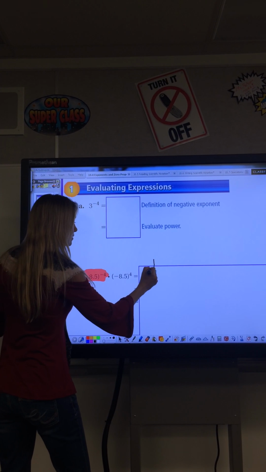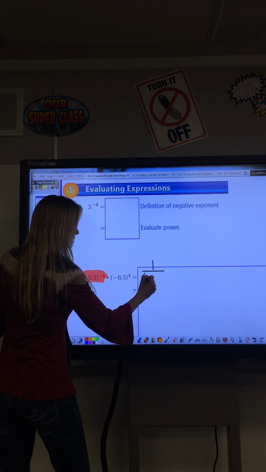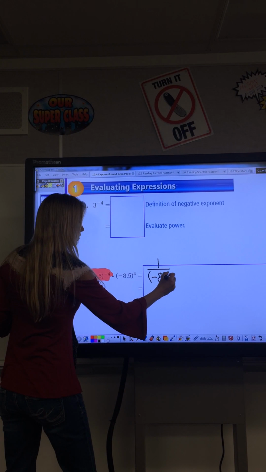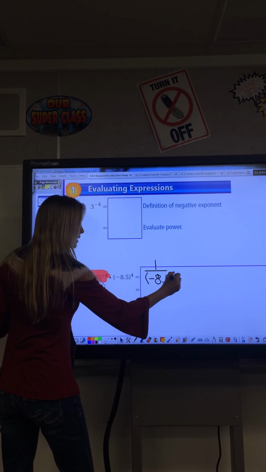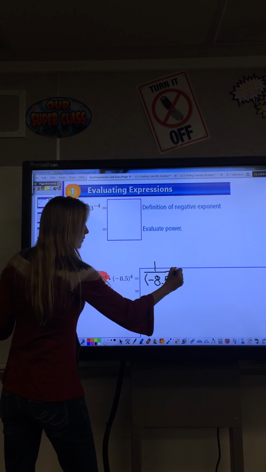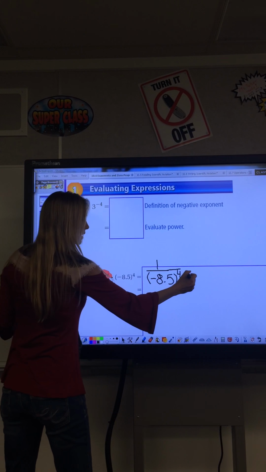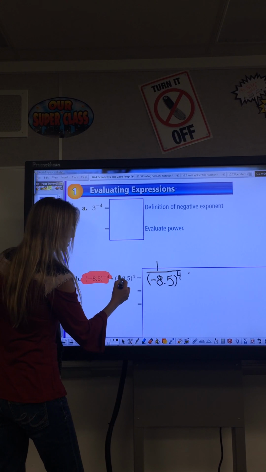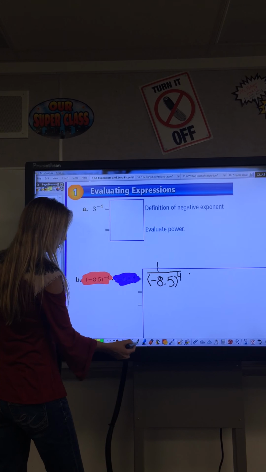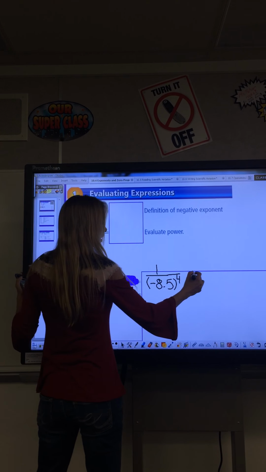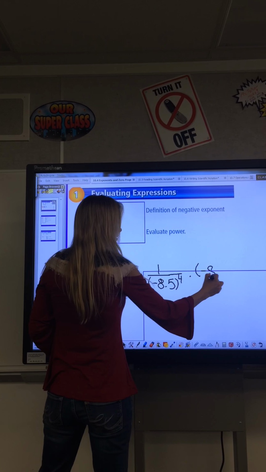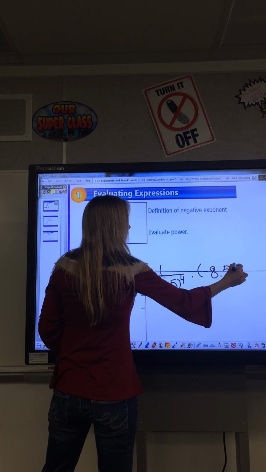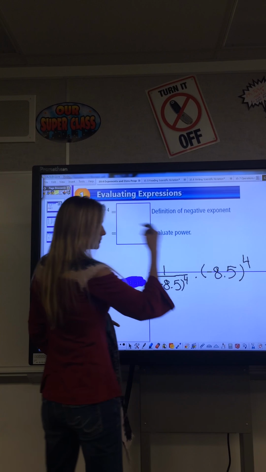So I have 1 over, in parentheses, negative 8.5, now to the positive 4th power. And it says multiply that by this one, which is positive 4, so I am good. I don't have to do anything to that. So times negative 8.5 raised to the 4th power.